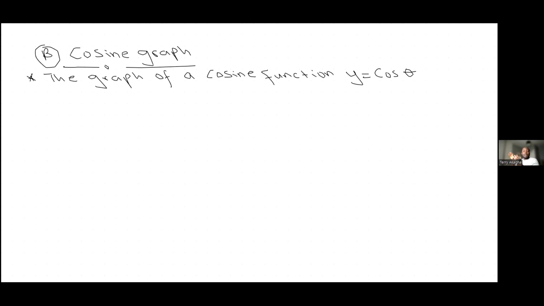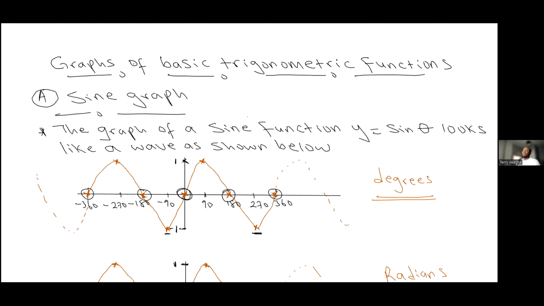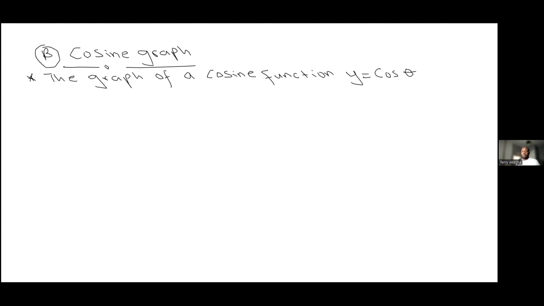The only difference is that instead of starting from 0, the origin, like what we had here, it's going to be starting from 1 instead. When I said exactly, I'm referring to the same wave pattern, like the sine graph.